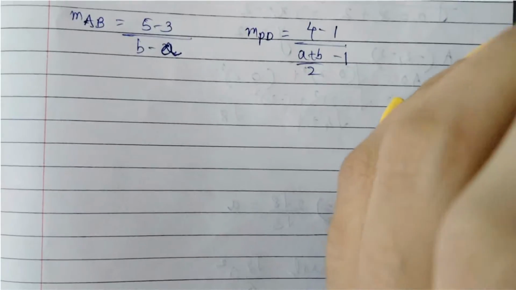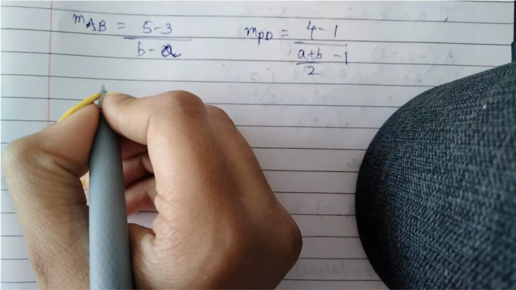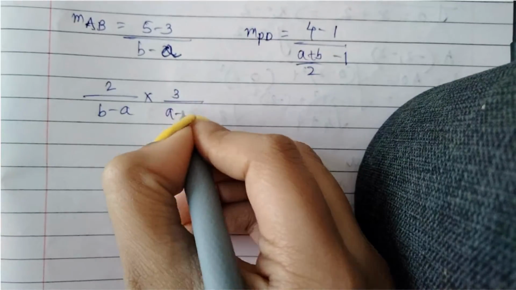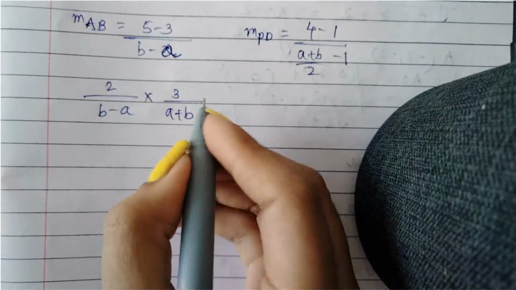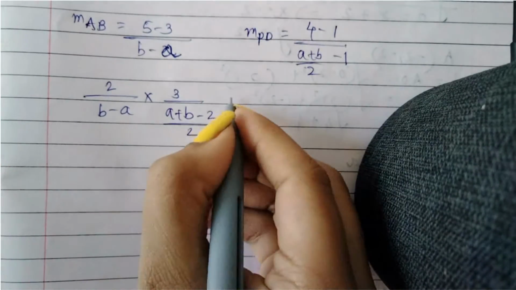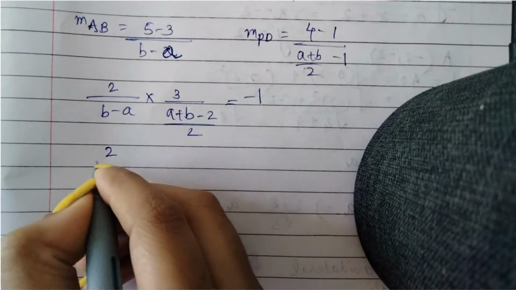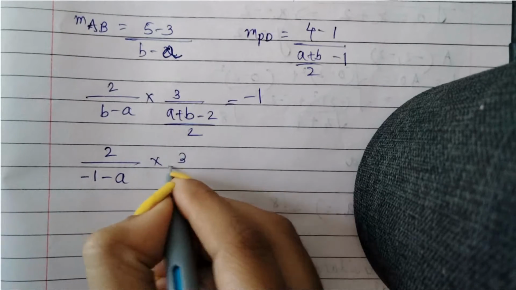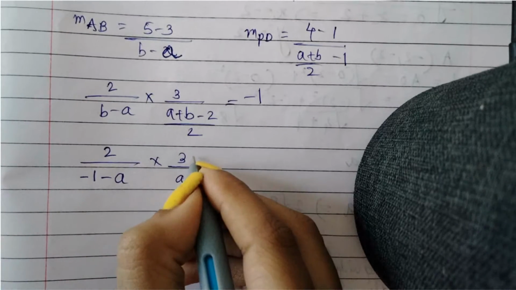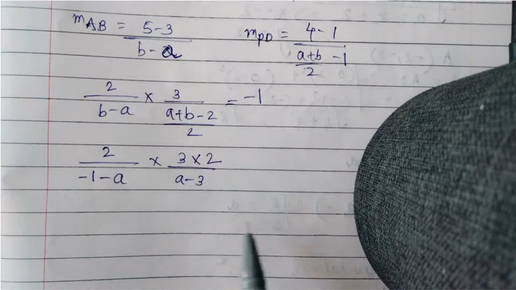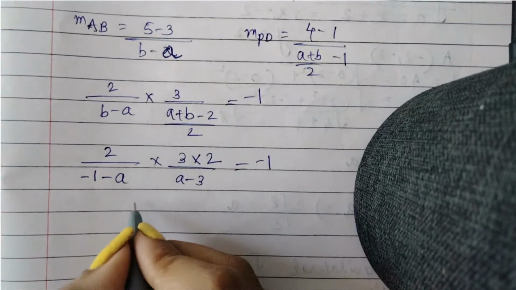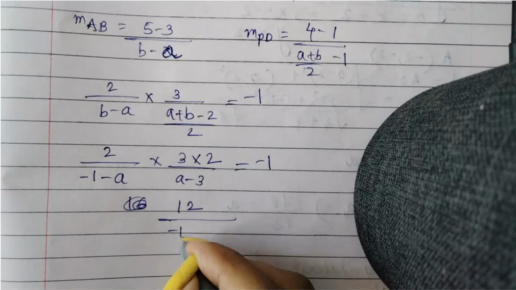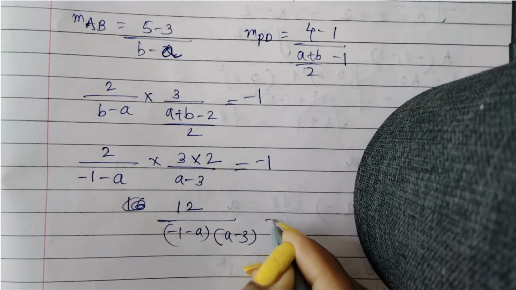So let us do the multiplication of these slopes. (5 minus 3) is 2 by (b minus a), into (4 minus 1) is 3 by (a + b minus 2)/2, is equal to minus 1. Taking the LCM and substituting the value of b, which we have found out as minus 1 already, this 2 will go to the numerator, and so we will get 12 by (minus 1 minus a) into (a minus 3) is equal to minus 1.